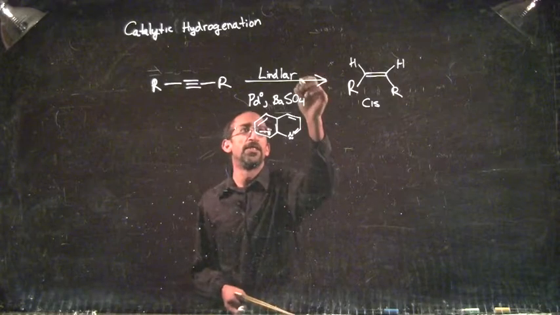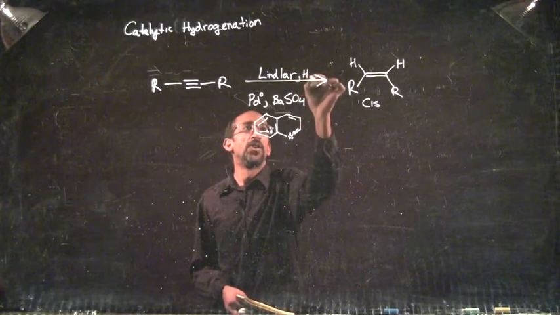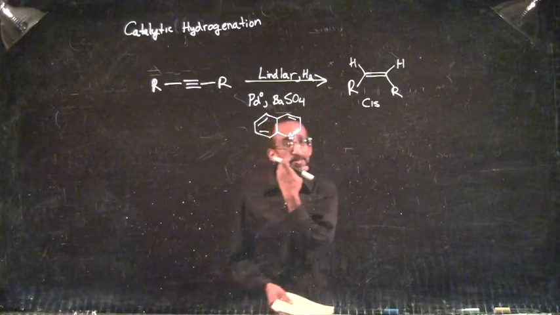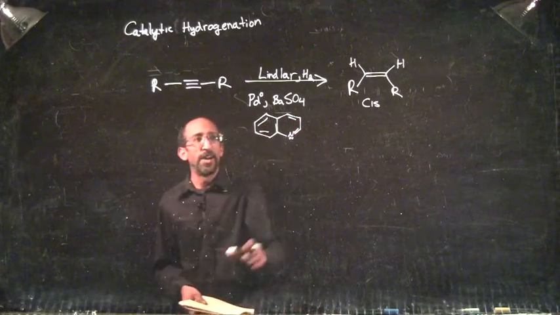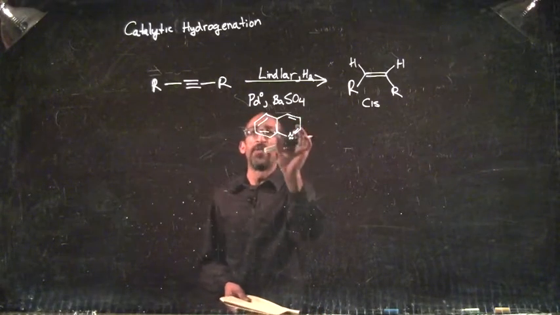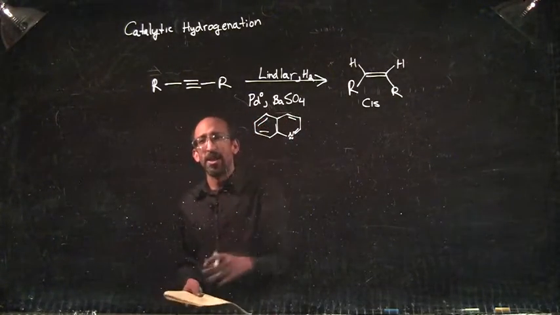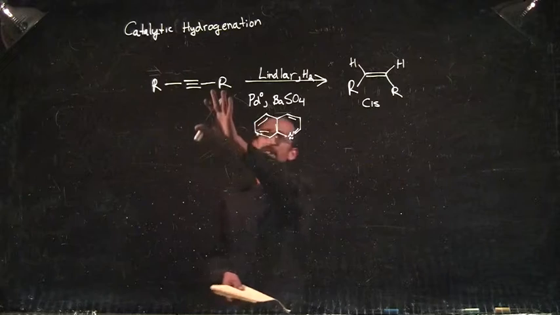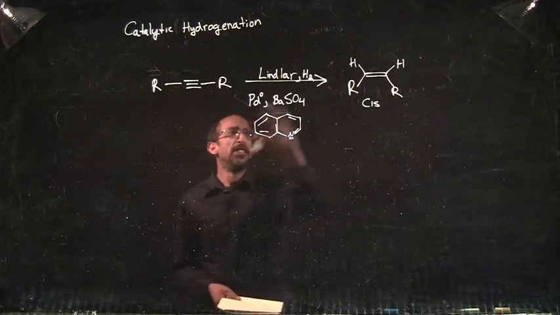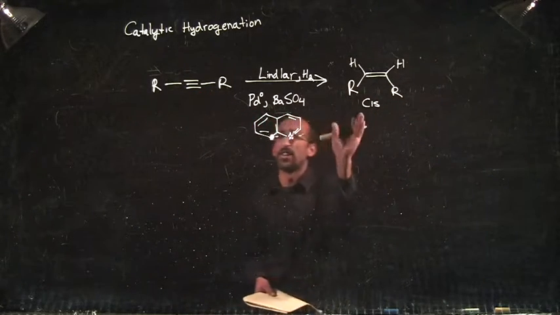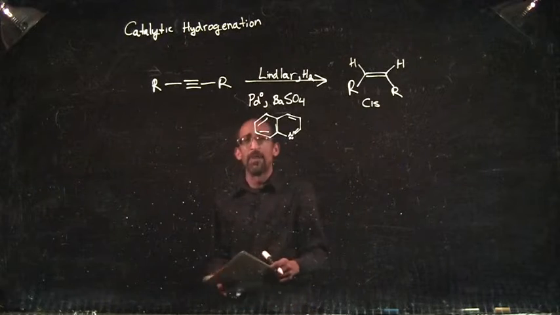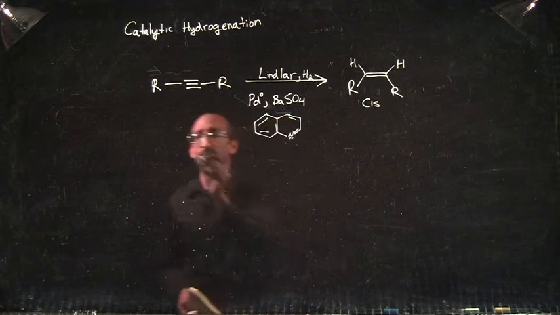And we also still need a source of H2, so hydrogen gas. So Lindlar's catalyst, palladium with barium sulfate and quinoline, there have been some advancements in this area, but this is the recipe I'd like you to know, allows us to take an alkyne to a cis alkene. Again, there's a complex mechanism for this that I'm not going to have you worry about this semester.